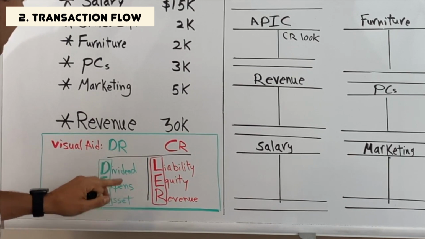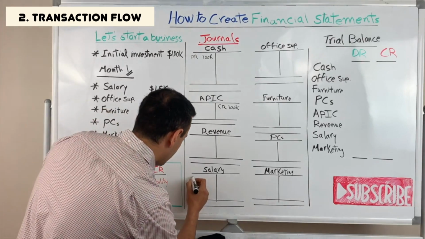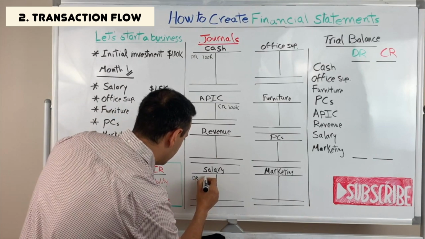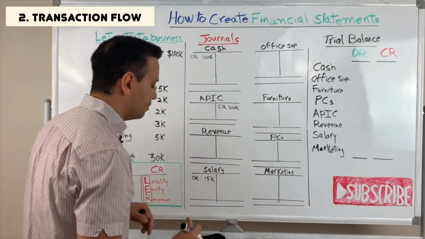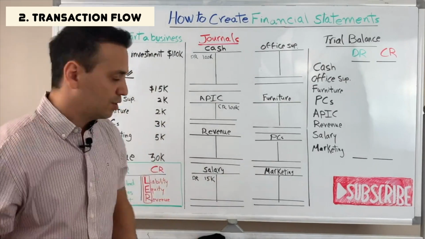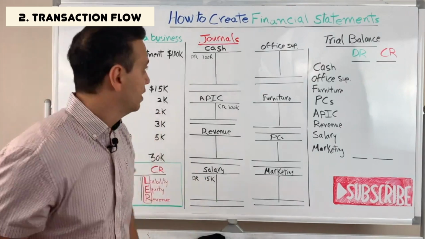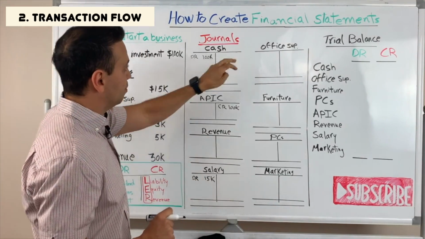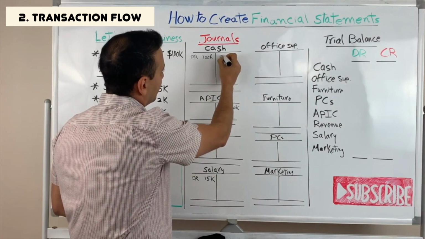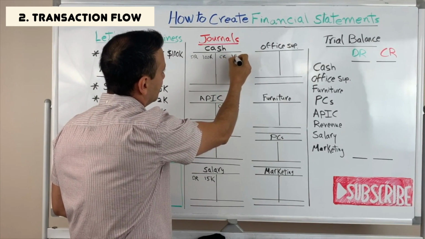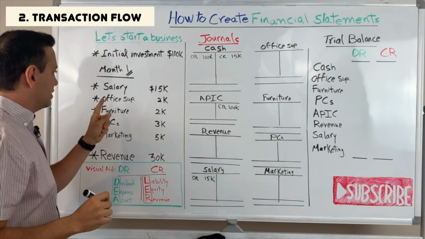So to debit that will be $15,000 debit to salary, and then the credit because the cash is going out. So you're getting the service, $15,000, but the cash is going out. So cash, when it goes out, you'll be on the credit side, the opposite as when it comes in. So that would be a credit, 15,000 for payroll.